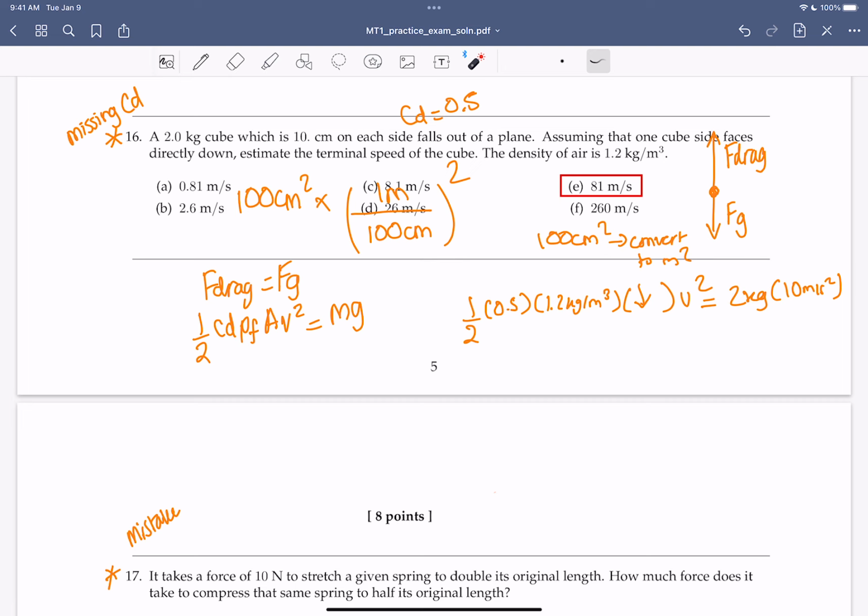So if you divide 20 by all the other values on the left, and then you take the square root, that's how you should get your terminal speed. So it's kilograms per meter cubed, yeah, and that's the density. But it shouldn't matter, you just plug in 1.2.